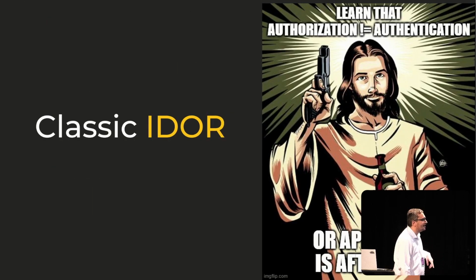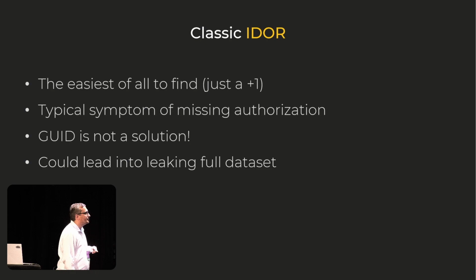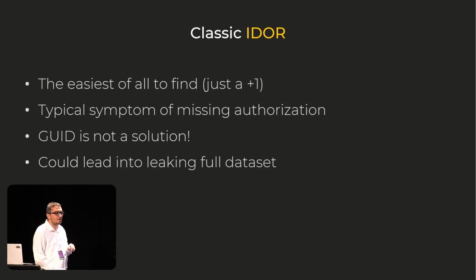So, we're starting with classic IDOR. IDOR stands for Insecure Direct Object Reference. You have to learn that when you're authenticated, you are not authorized. If you don't learn it, API Jesus will be after you. So, what is the classic IDOR? It's the classic +1. When you see a parameter and it has a number, and if you go up 1 or down 1, and this device is not yours, and you can interact with it, you have a classic IDOR.